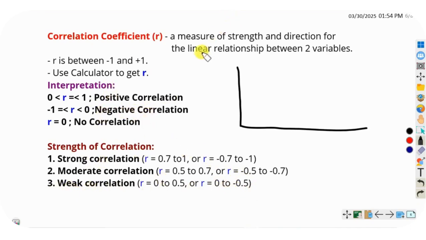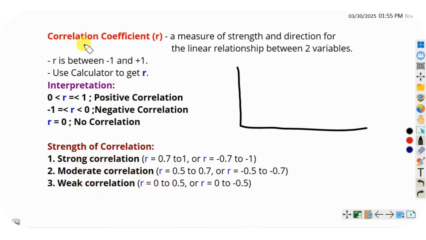When you calculate R on your Casio calculator, you go to stats, put in your data, go to regressions, and then you get R. Whatever that value of R is, you will interpret it using this summary that I created here. Then you either have a positive correlation, a negative correlation or no correlation, and you can tell whether it is strong, moderate or weak.